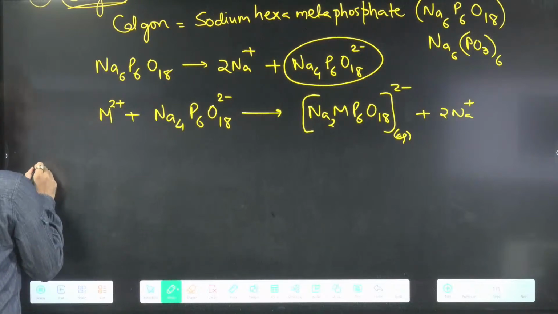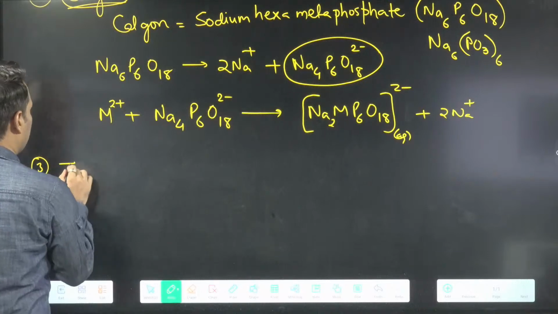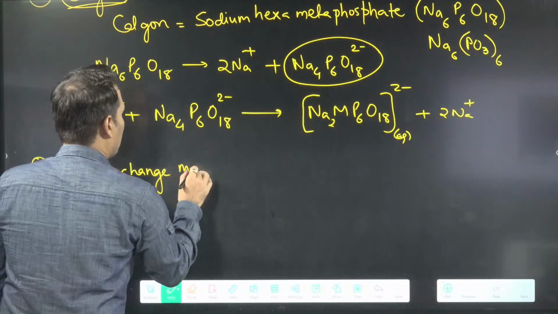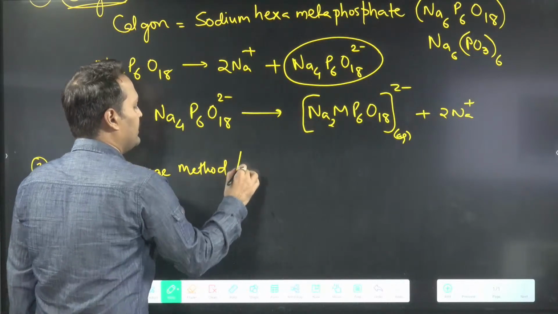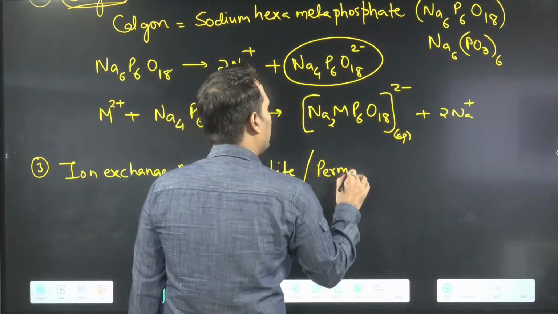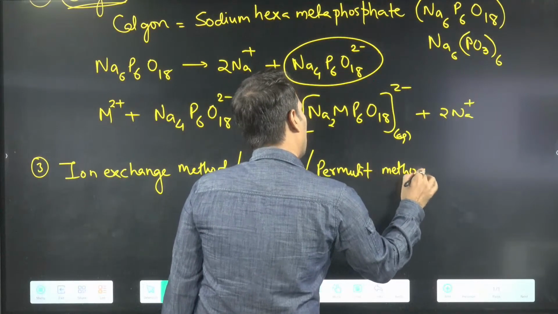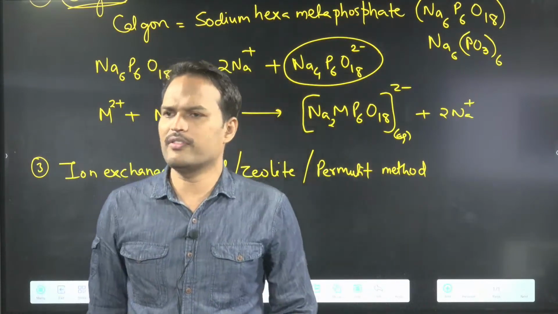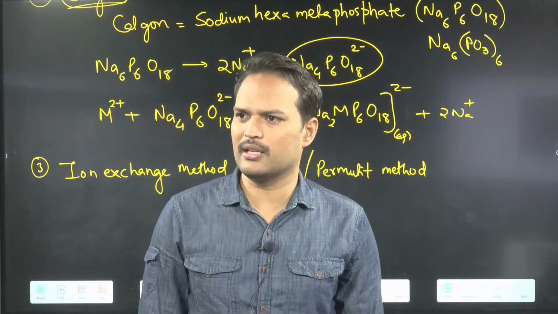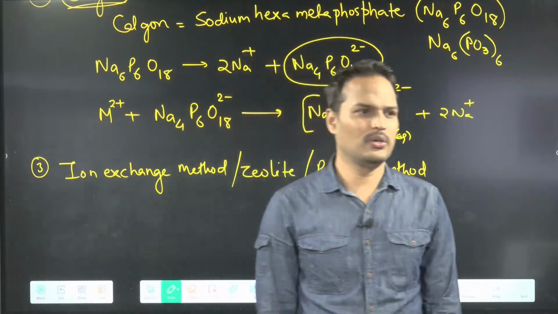Next method, come to the third method, that is your ion exchange method. Ion exchange method, or we also call it zeolite method, or we also call it permutit method. Zeolites, where have you heard about zeolites? Have you studied zeolites anywhere?